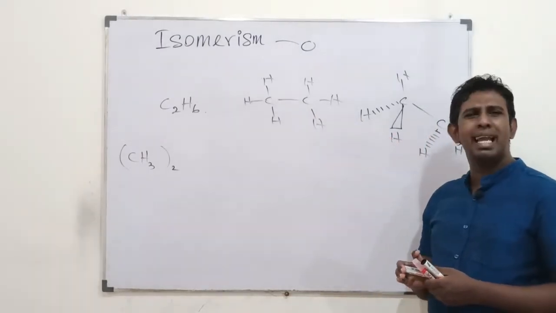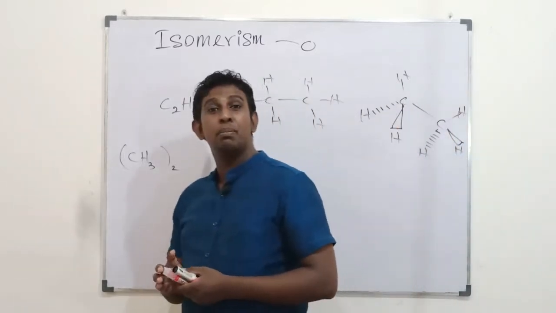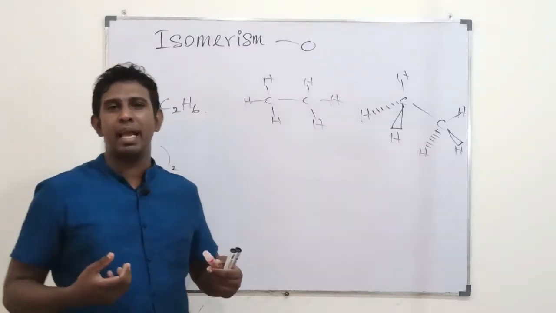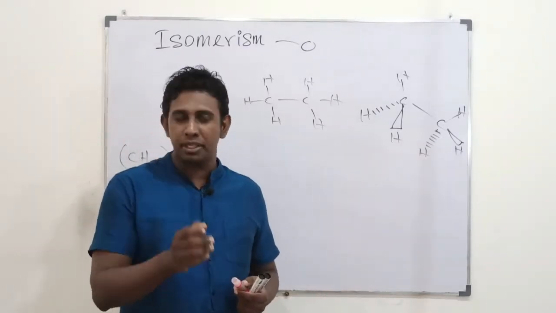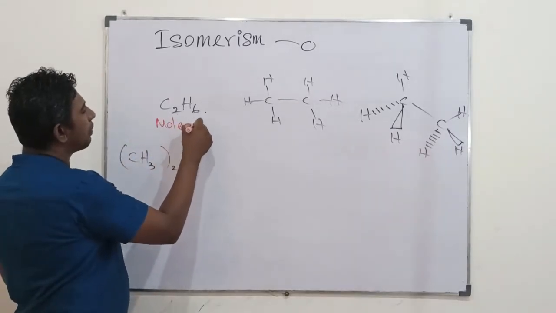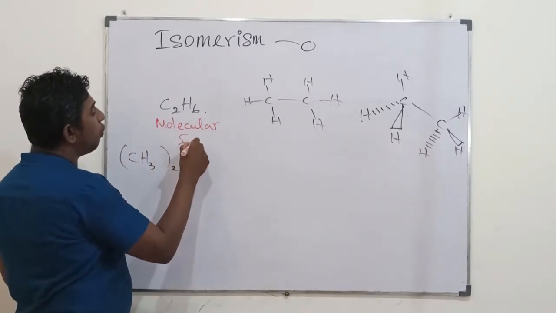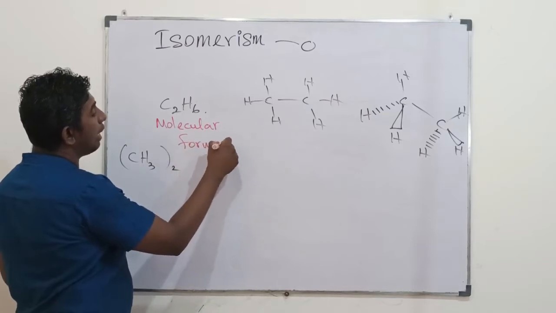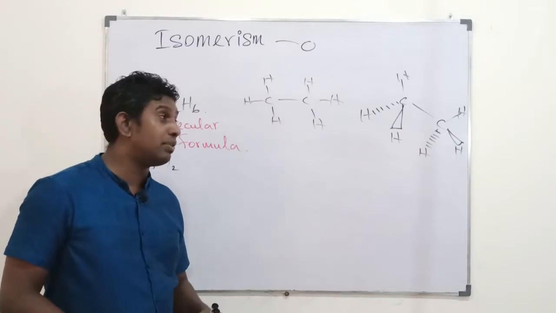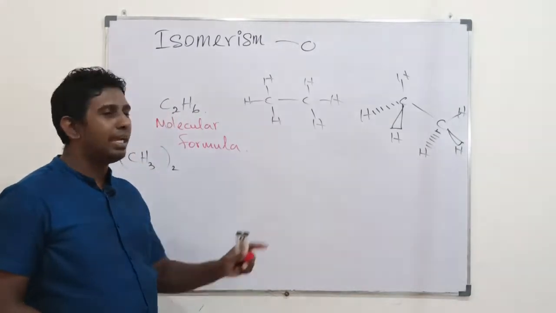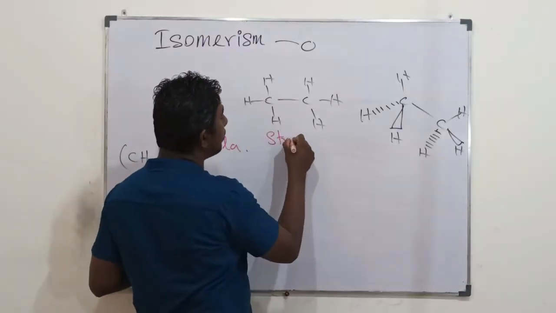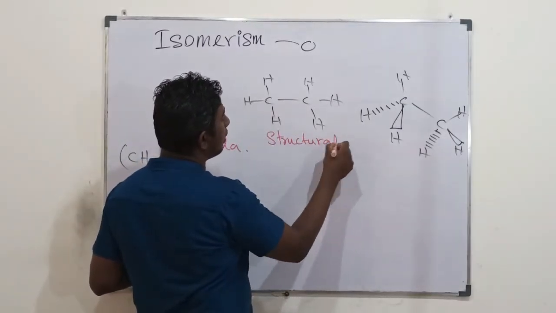What are the names standing for those different modes? Students, when we have the exact number of atoms representing the substance, we call it the molecular formula. Then, when you have this kind of structure, what we call a Lewis structure, we could call it the structural formula.